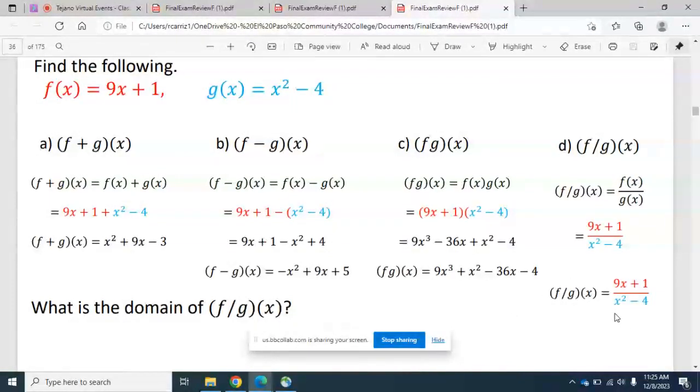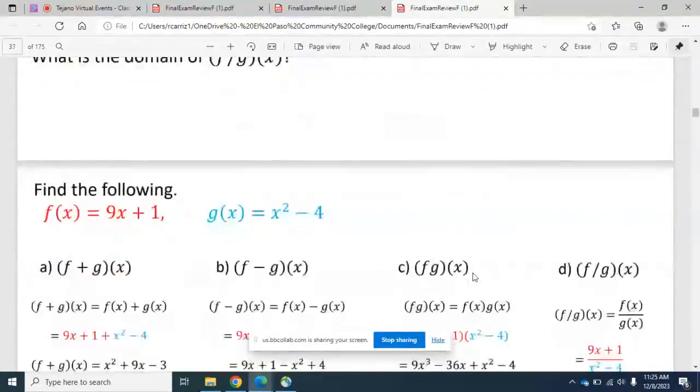So since we have a denominator here of x squared minus 4, we need to find out, will this function ever give us a value of 0? And if it does, then it creates a restriction on our domain. We have values that we cannot use for x because we'll get errors or undefined.